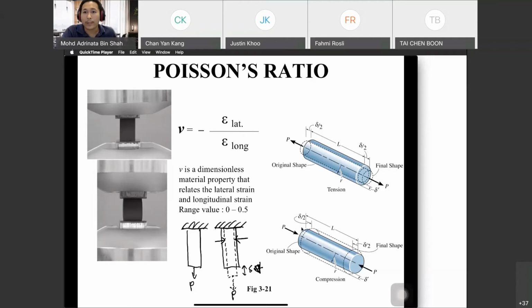It will look at the lateral and longitudinal loadings for the strain. So Poisson's ratio is, not mu, mu is negative lateral strain divided by longitudinal strain. Okay, lateral strain is what happened in this one.